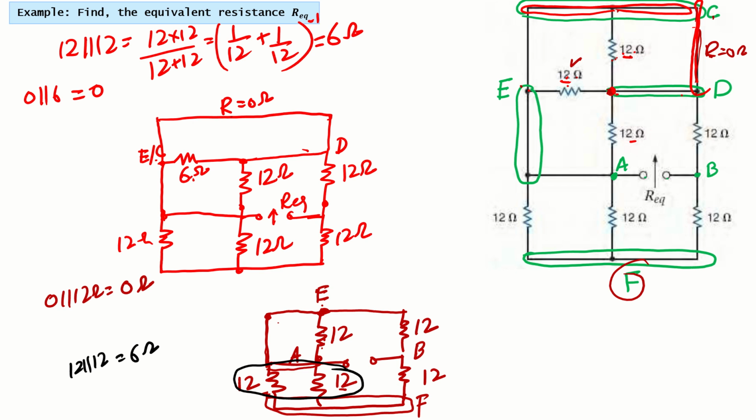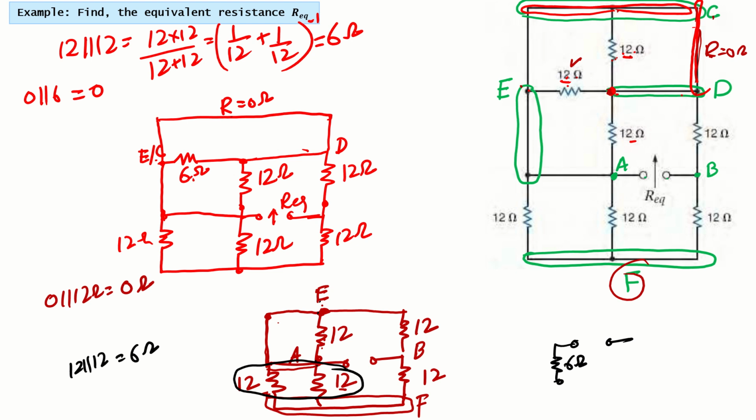So what will be our circuit next? If we redraw this circuit again now, here we have a 6 ohm. So here I got a 6 ohm resistor which is connected between A and F. Okay, like this was E and this was F. So this actually becomes what?